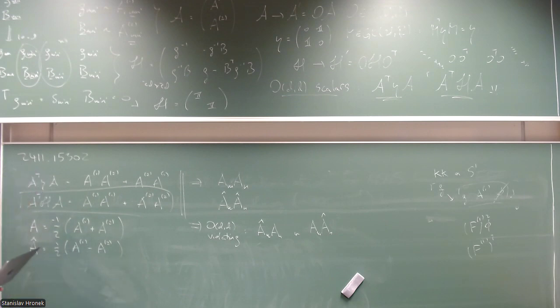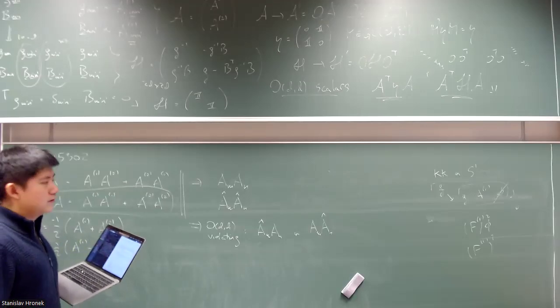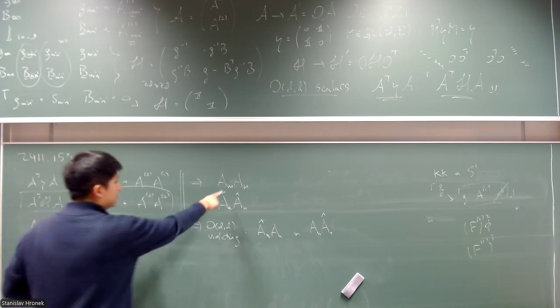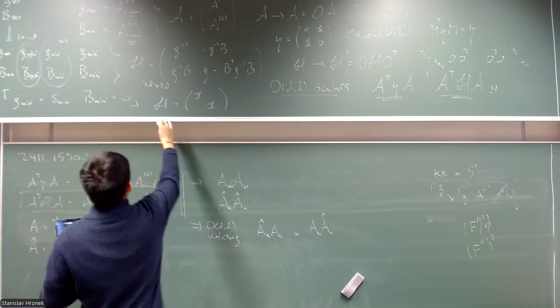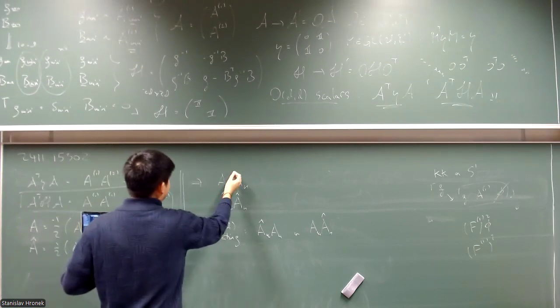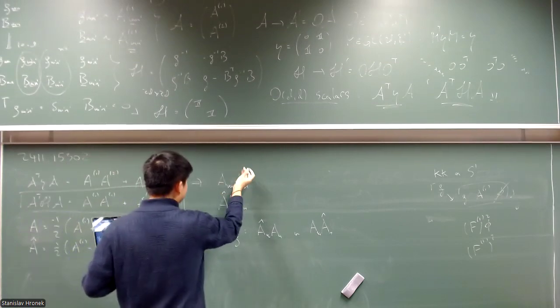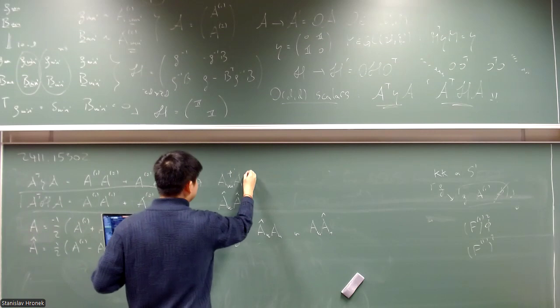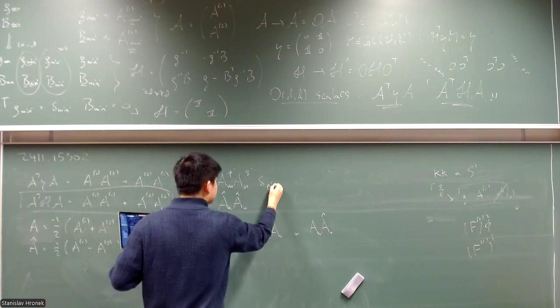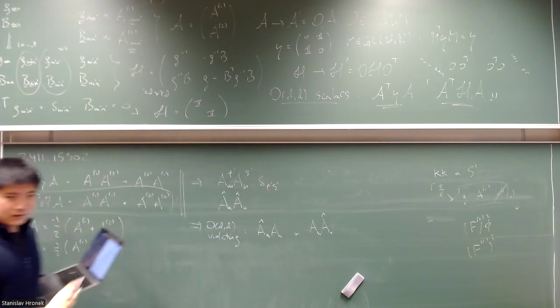Wait, so the scalars have two indices. Are they not primed, the indices? Which one? The ones on A and A? Here. No, there's a prime index and that's contracted. Oh, that's the one that's contracted, okay. Maybe these should be, yeah, sure, sure.